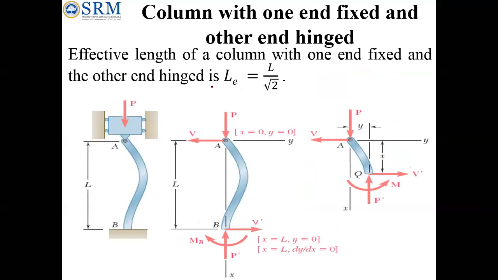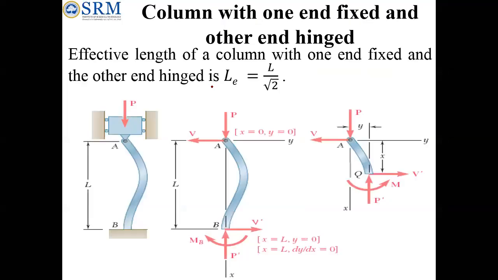Then the effective length is given as L by root 2, or you can remember it as LE is equal to 0.7 L. So these are the 4 end conditions, and using these 4 conditions only, we are going to solve problems.